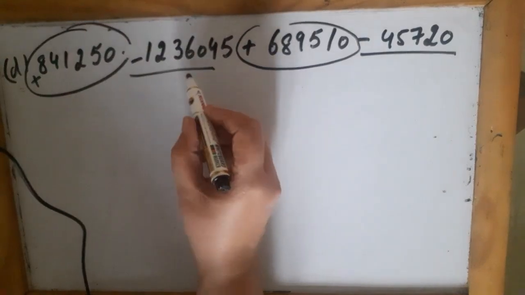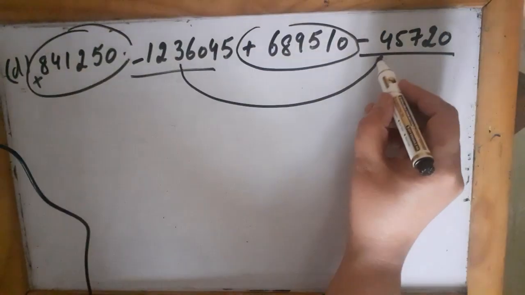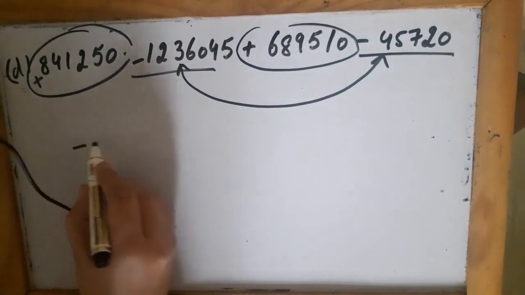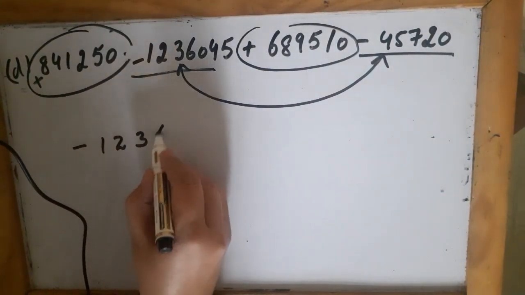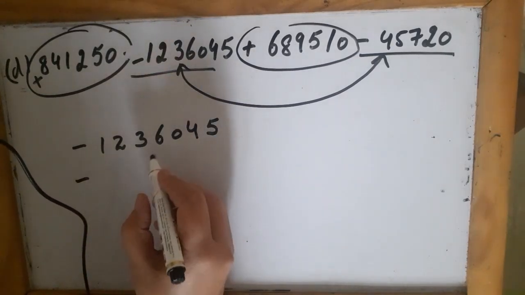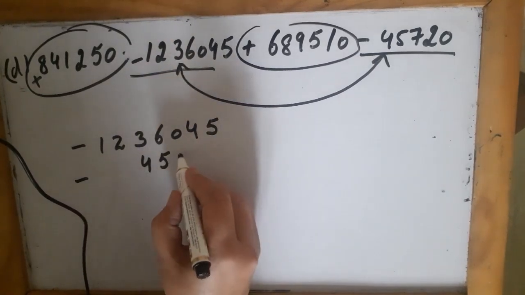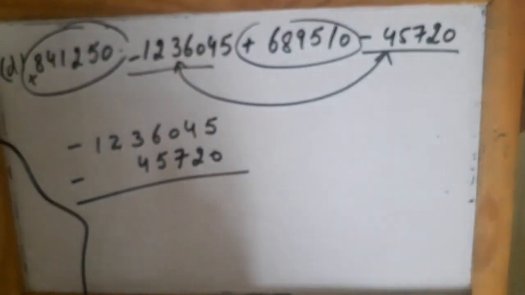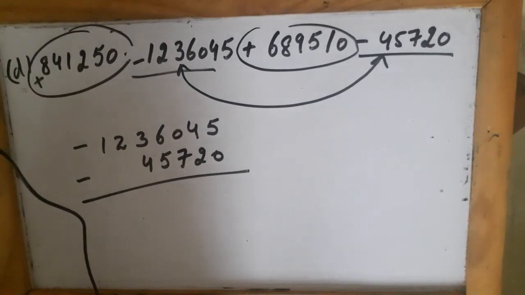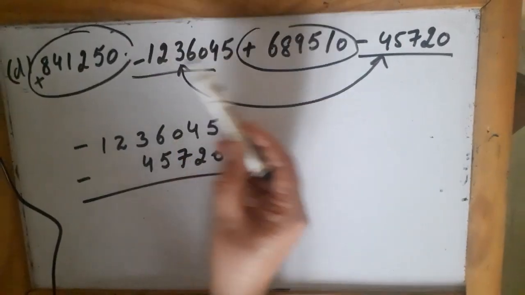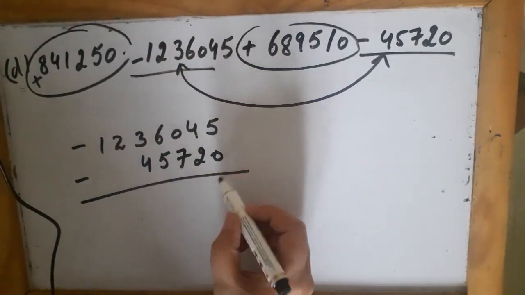So these numbers which have a minus sign in front of them, I will write together and add them up. I will not subtract them, but I will add. These are called negative numbers which have a minus sign in front. This you will learn later on, but the numbers which have a minus sign in front, you just add them up.